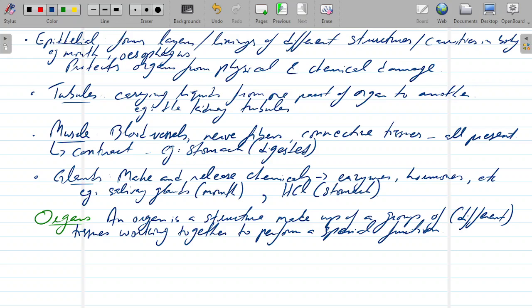Right? And so again, an example would be the stomach. It's a good example, right?